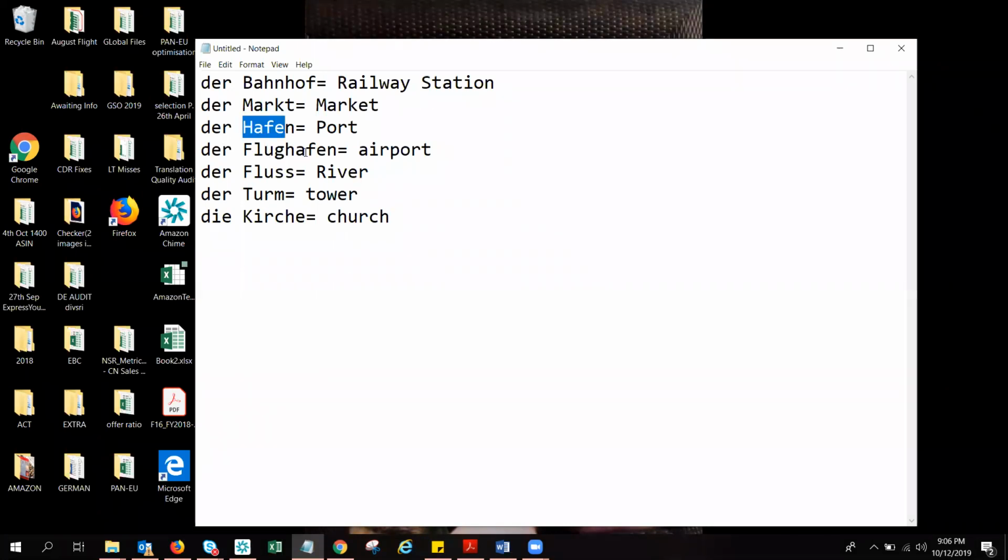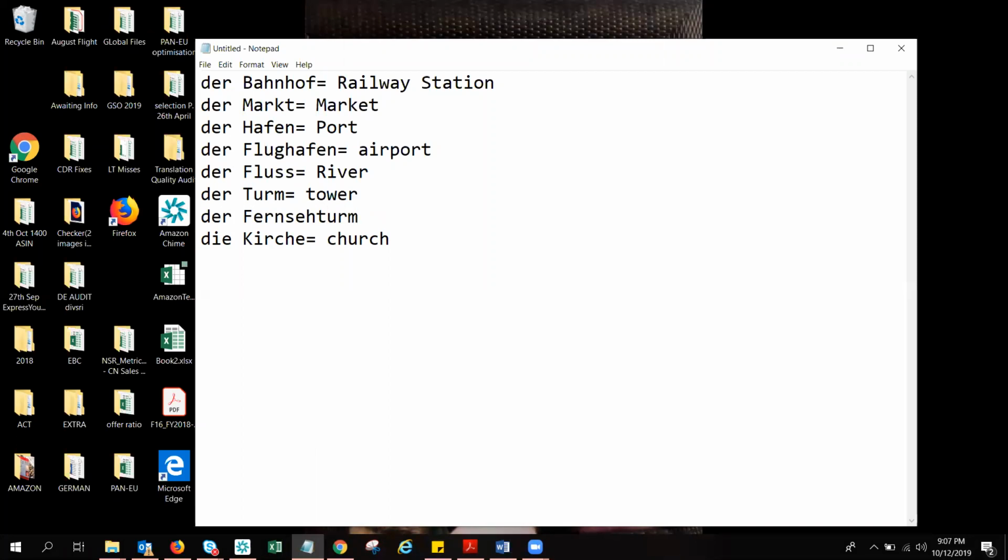The only thing is, for example, I told you Hafen is there. So whenever you have Hafen at the end of any word, the article will be der. For example, there is another word, Fernsehturm. The article would be der because the article of Turm is der. Fernsehturm is TV tower.